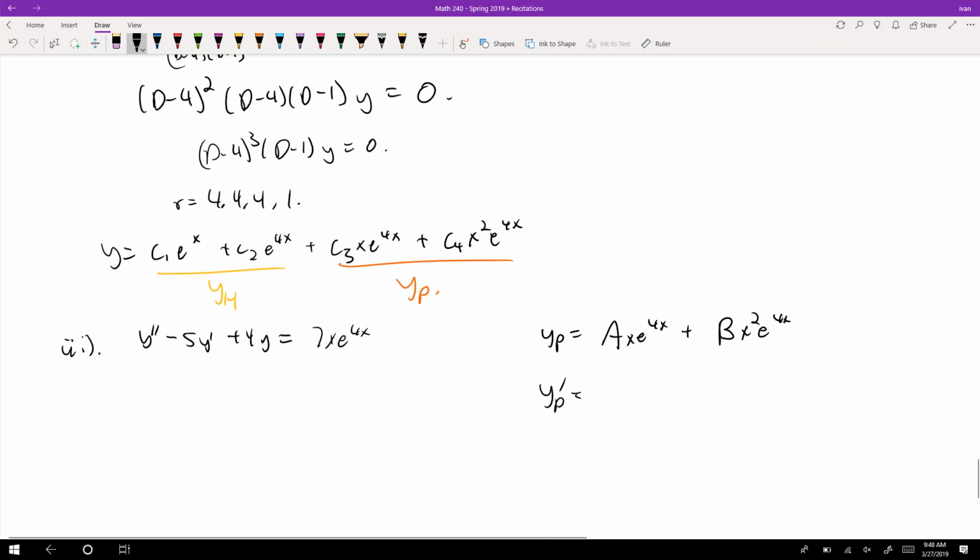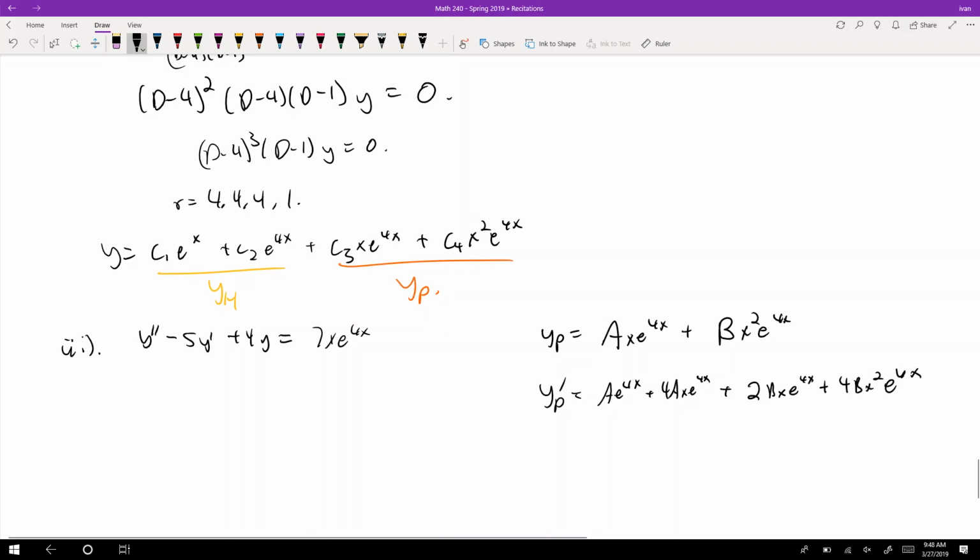What is this? This is a lot of product rule over and over. So this first term ends up being a e to the 4x plus 4ax e to the 4x. That's the product rule on a. And then you need to take the product rule on b. So what's that going to get you? That's going to get you 2bx e to the 4x plus 4bx squared e to the 4x.